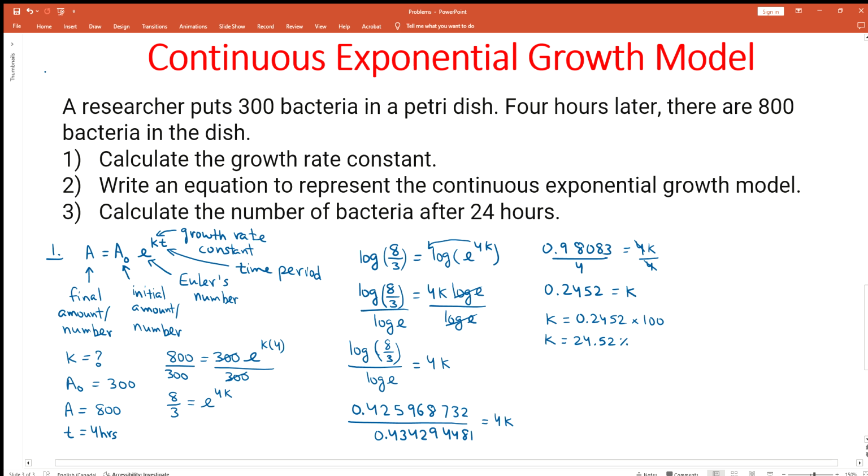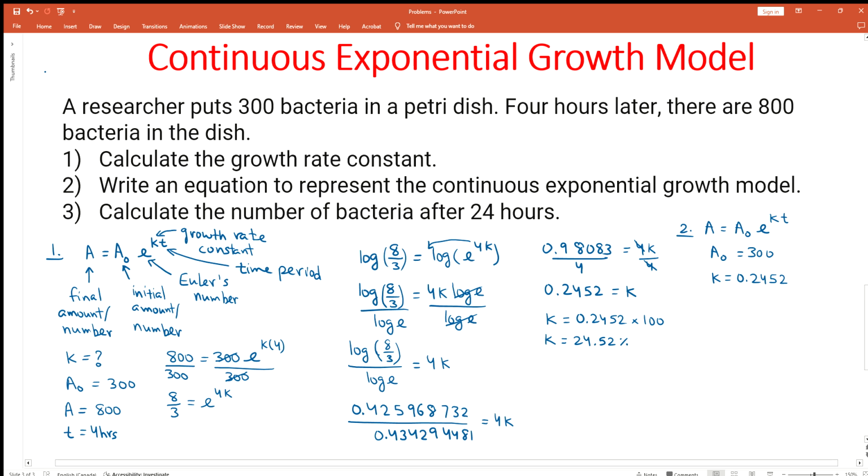Now we can answer part 2. Write an equation to represent the continuous exponential growth model. We should use the general equation from part 1 to write the equation for this growth model. We should sub in A naught as 300, the initial number, and we should sub in K as 0.2452, the growth rate constant in decimal form.